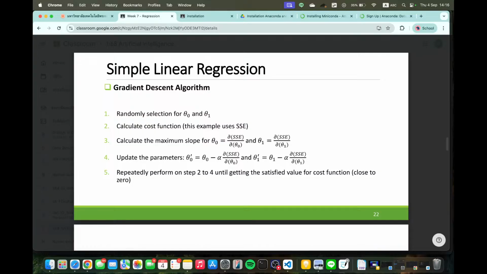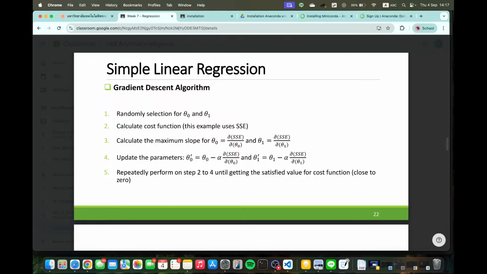Okay, so we have the second term of this one. Y predict is here, right? It comes from theta 0 plus theta 1 x. It's like the differentiation, but we differentiate only with respect to theta 1.